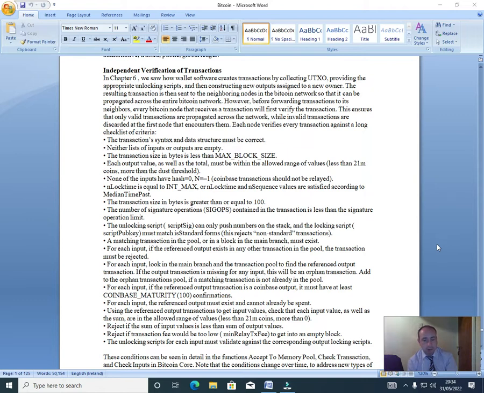Using the referenced output transactions to get input values, check that each input value, as well as the sum, are in the allowed range of values, less than 21 million coins, more than 0. Reject if the sum of input values is less than the sum of output values. Reject if transaction fee would be too low.